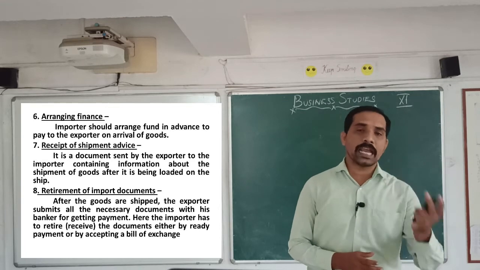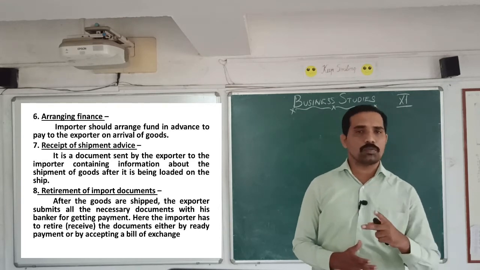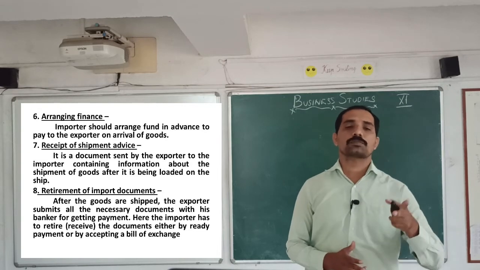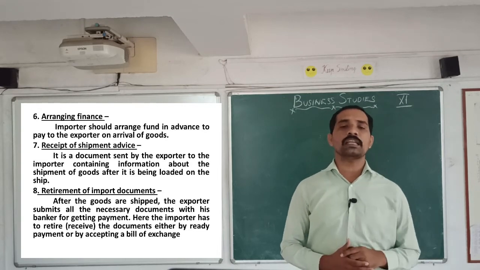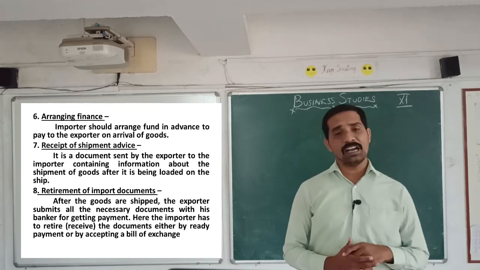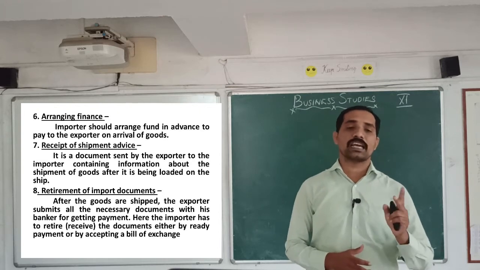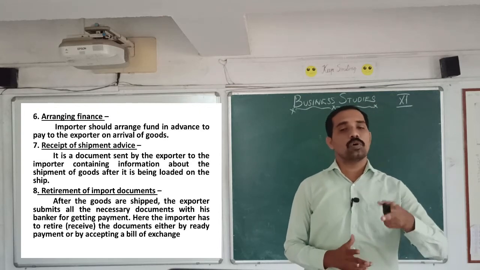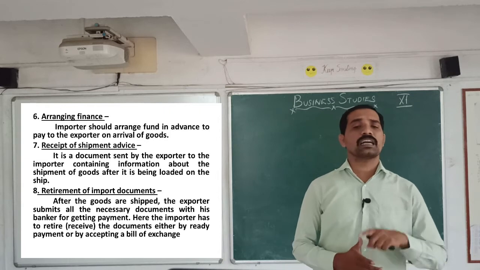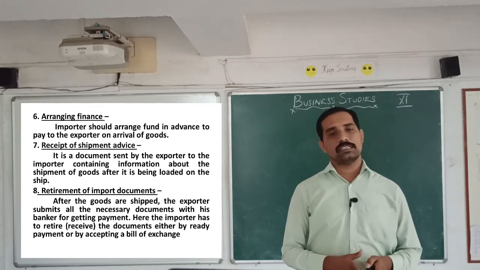And the next one, retirement of import documents. After the goods are shipped, the exporter submits all the necessary documents with his banker for getting the payment. Here the importer has to retire, meaning receive, the documents either by ready payment or by accepting a bill of exchange.